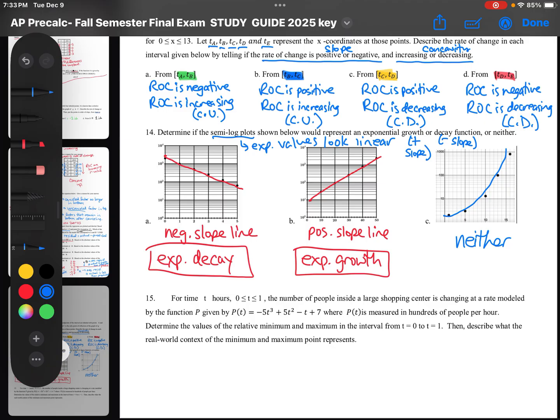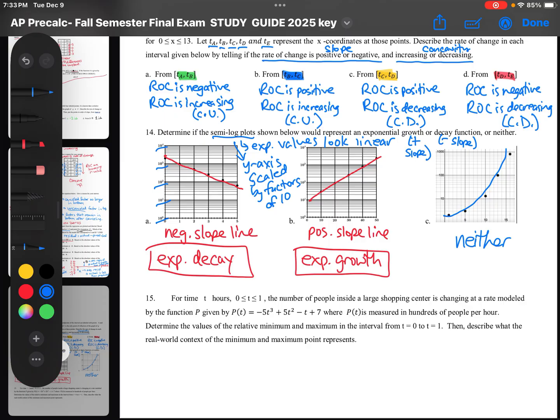Another thing that you need to know about semi-log plots is that the y-axis is scaled by factors of 10 or some base. All right, so I have 10 to the 0, 10 to the 1, 10 to the 2, 10 to the 3, 10 to the 4. You can see those are powers of 10.